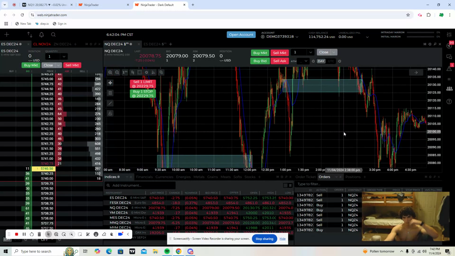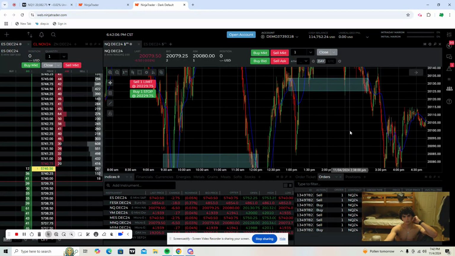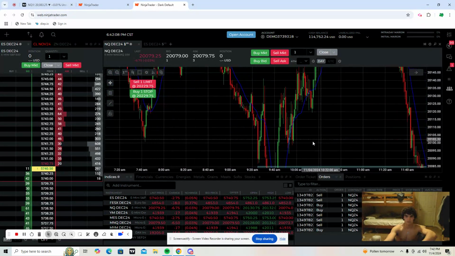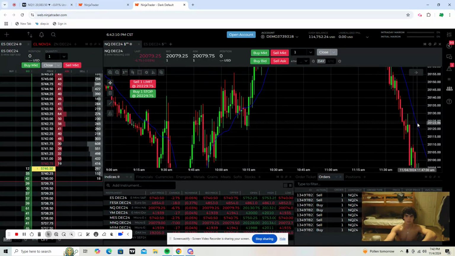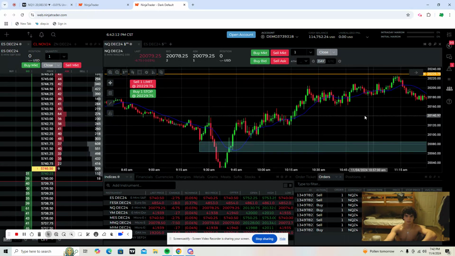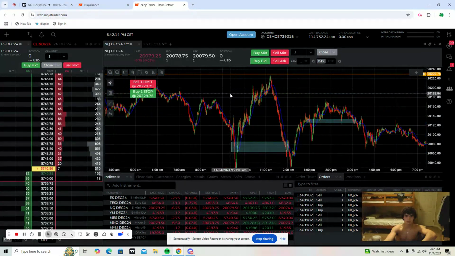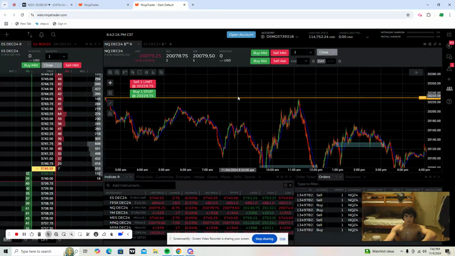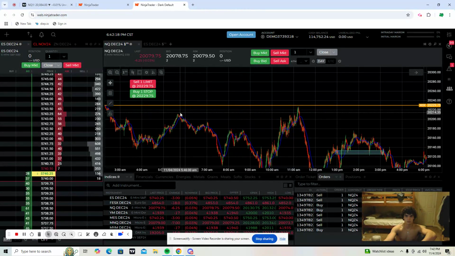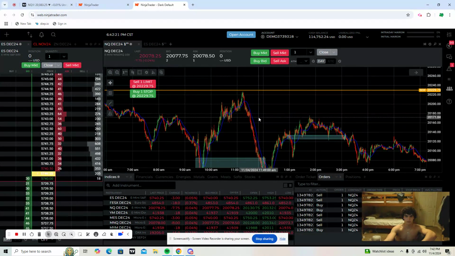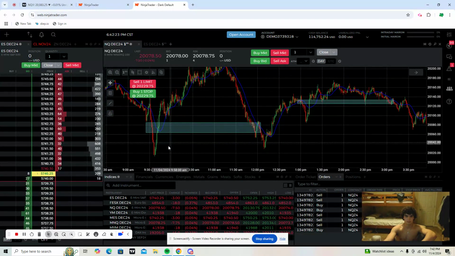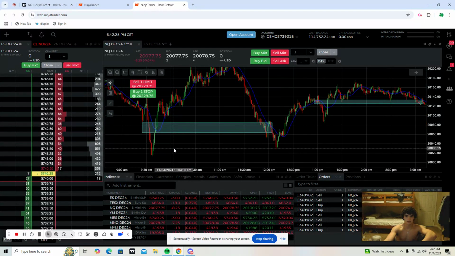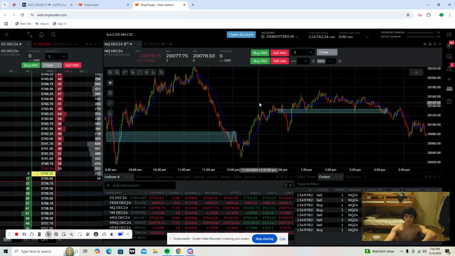So basically, price came up here. Swept this one high. Then came down here. Swept this high right here, or this low. And then came up here.